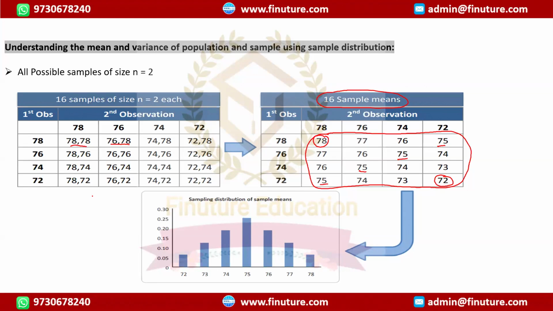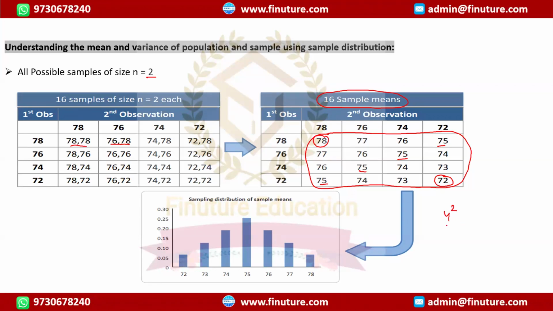You can again give a try for three samples, but that would be a bit complex. Like how many sets? In this case, you had 4 to the power 2 sets, like 16.